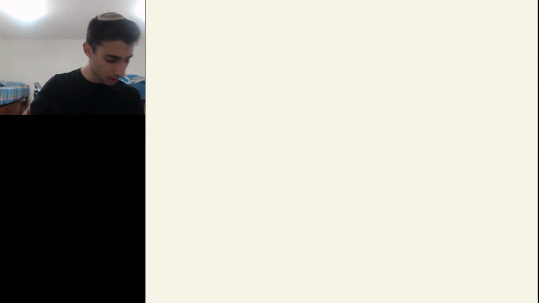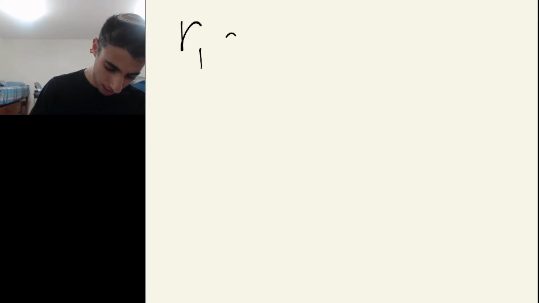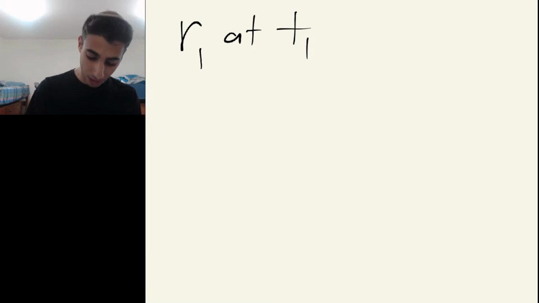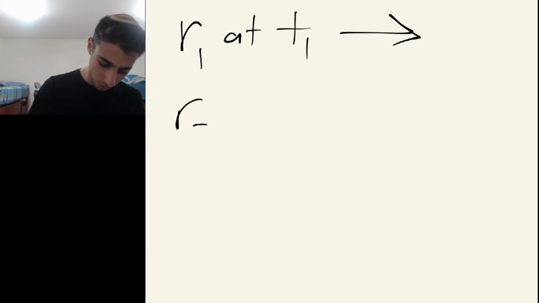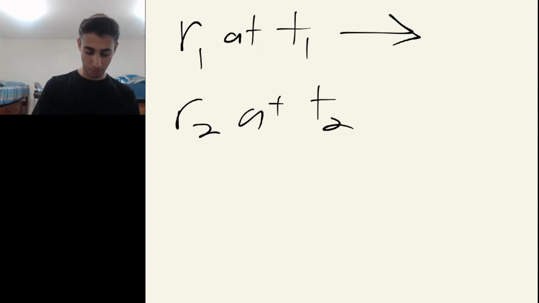But anyway, velocity. So imagine you have R1 at time 1, and that becomes R2 at time 2. So we're moving from R1 to R2, and it takes t2 minus t1 amount of time.